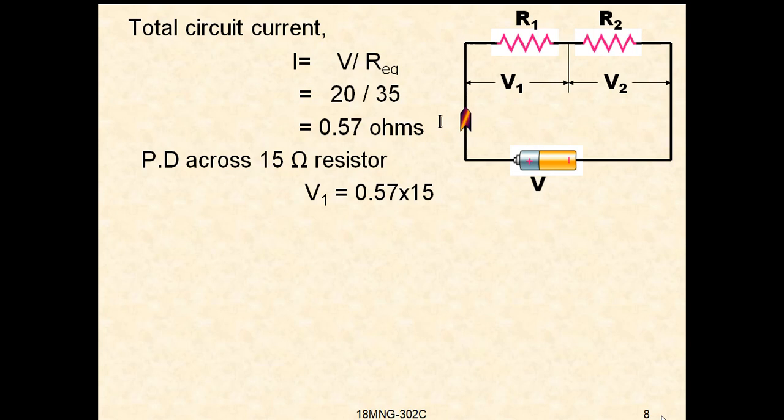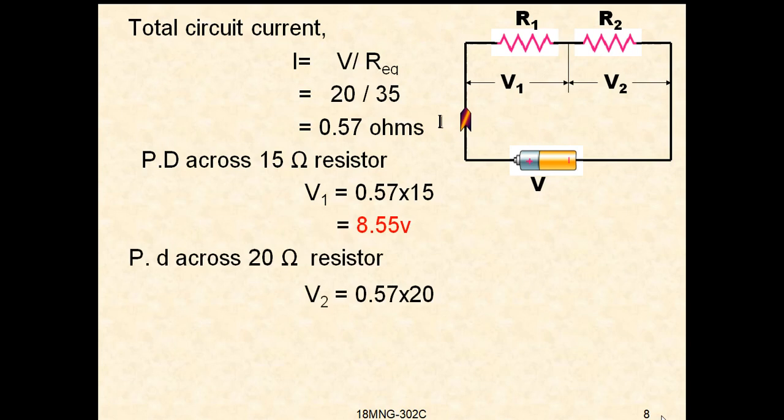And the potential difference across 15 ohms resistor V1 is equal to 0.57 into 15, which is equal to 8.55 volts.